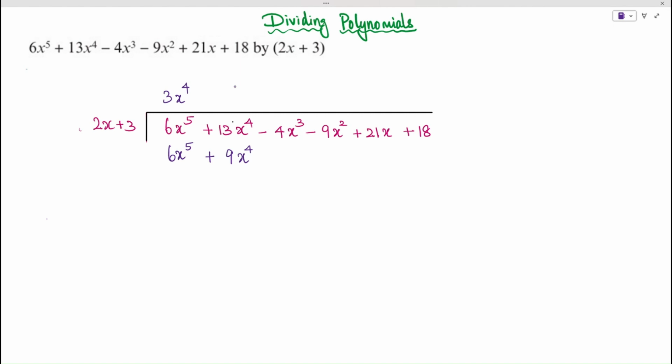Now we subtract this second part from our initial formula. So 6x to the 5 minus 6x to the 5, they both cancel out. And then we have 13x to the 4 minus 9x to the 4, which gives us 4 times x to the 4. And now we bring down our next term, which is minus 4x cubed.